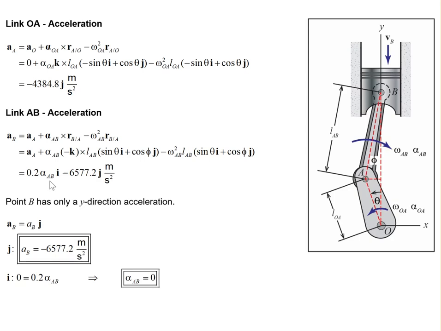But we know that the acceleration of B is all in the J direction, so that means it is 6,577.2 meters per second squared from this equation here. And we know that the I component has to go to 0, so therefore the angular acceleration of AB at top dead center is 0.